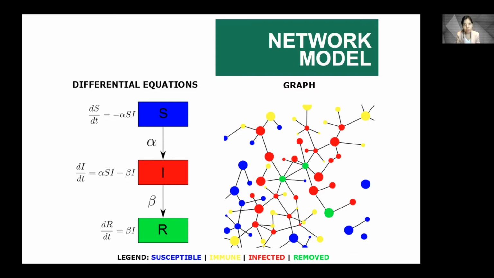So given the differential equations, you can also represent it using a network graph, or a network model. And we can even study the topological properties of this network model. For example, we can find the shortest path and network diameter to determine the degree of connection between these nodes in your network model.